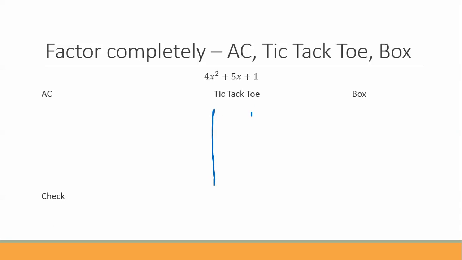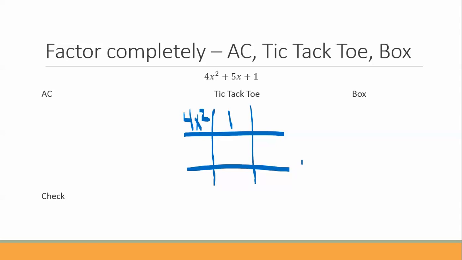Make our tic-tac-toe box. 4x squared goes here, 1 goes here, and we're going to add to 5x. So 4x squared times 1 is 4x squared. Then we want to multiply to 4x squared and add to 5x, so that will be 4x and x.